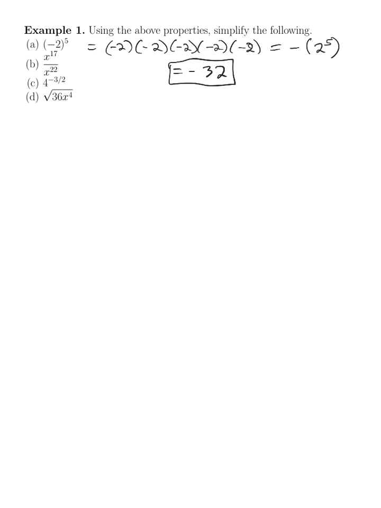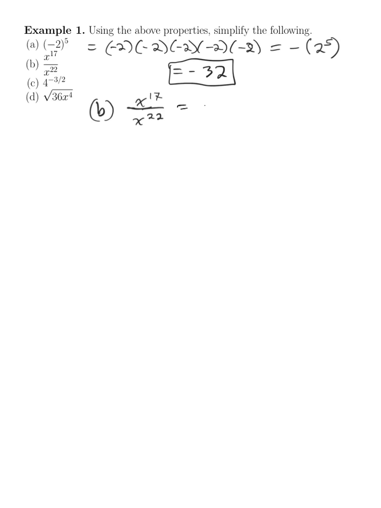Okay, part B. Let me start by rewriting it. So x to the 17th over x to the 22. The rule for when you have powers and exponents on top and bottom of fractions is that you subtract the power that's on the bottom, or if that's the only place it is, then it's a negative power.